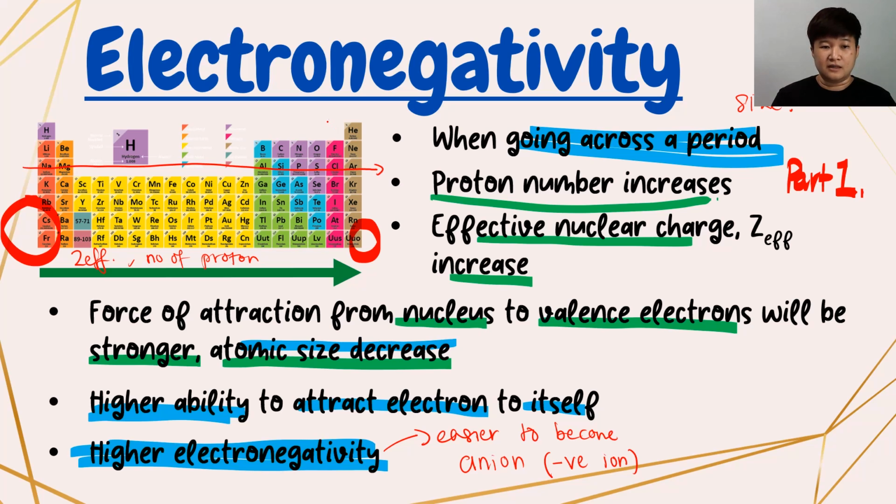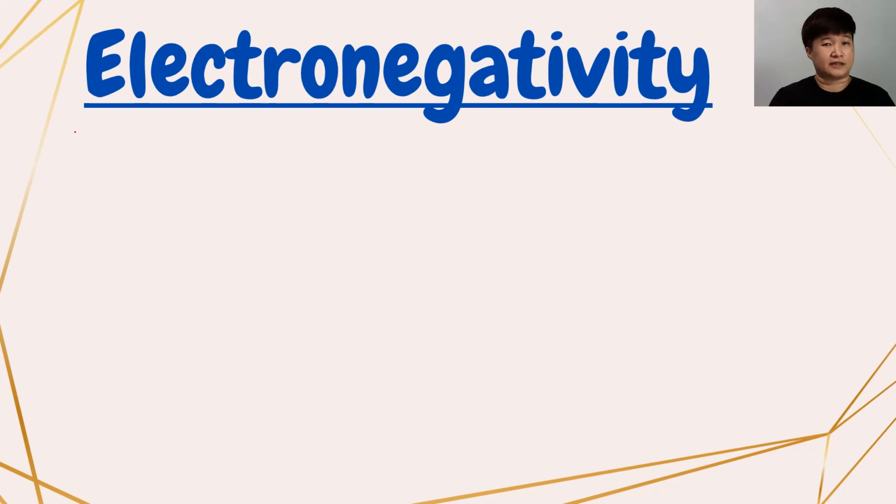And obviously, chlorine is easier to accept electron than sodium, right? We always have Cl- rather than Na- because it's easier for the chlorine to accept electron rather than the sodium. Make sense? Simple.